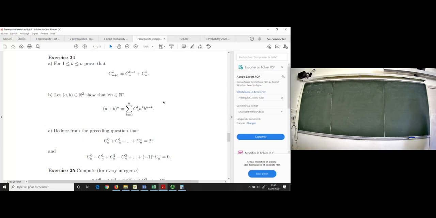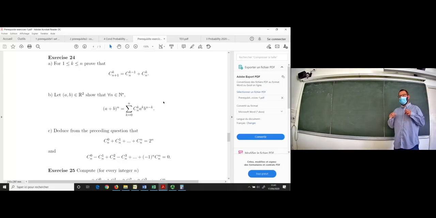It's what we call a combination. Imagine that you have a box with n different balls inside.